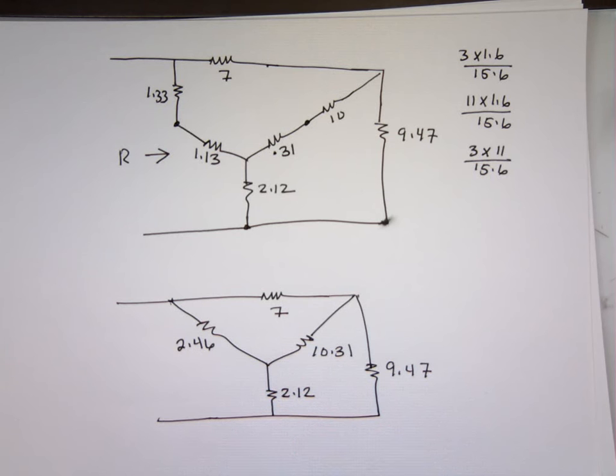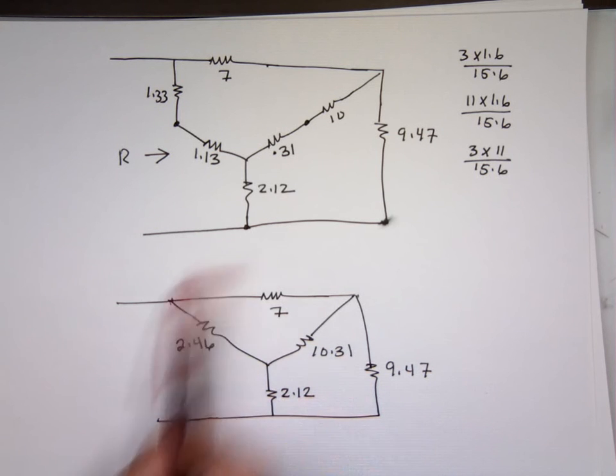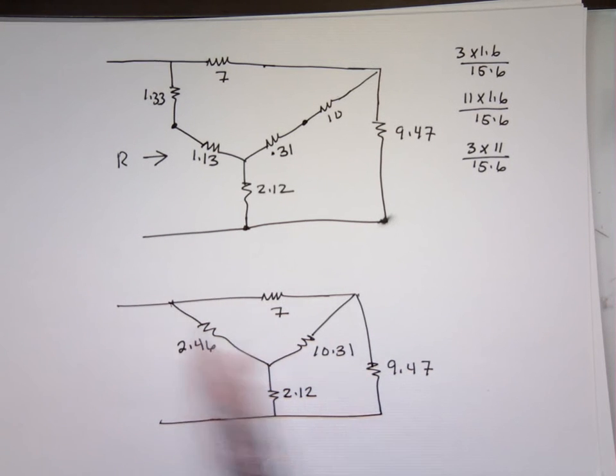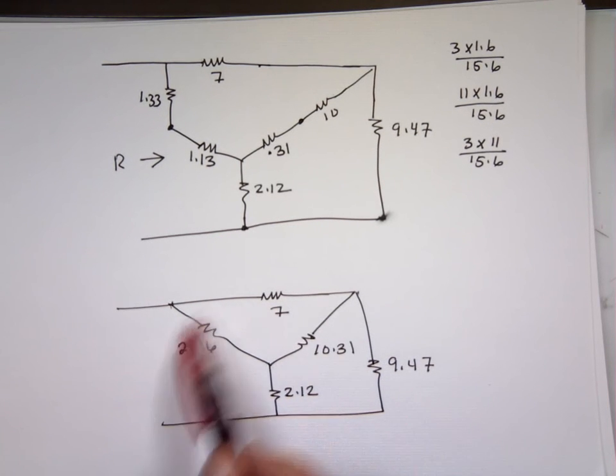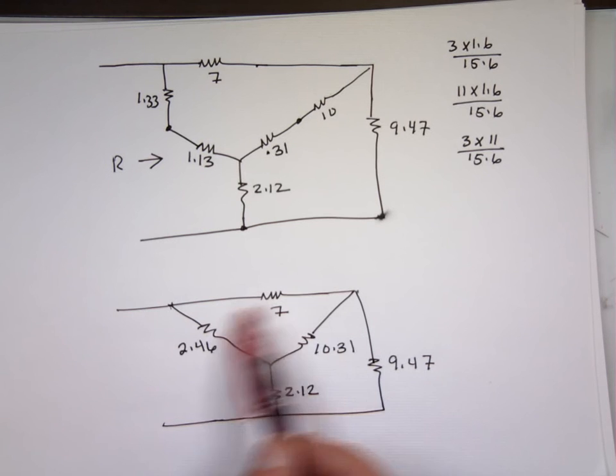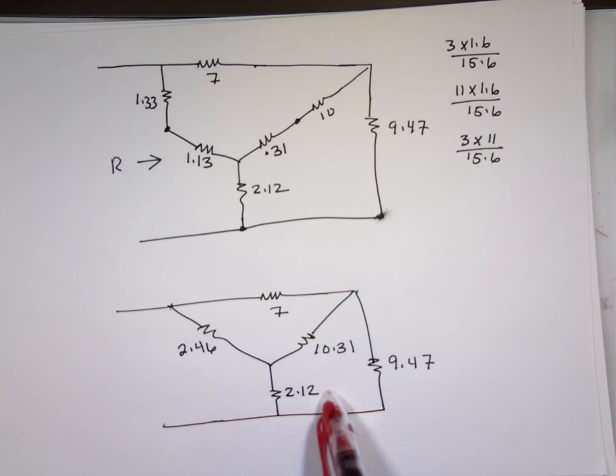Notice again, there's another delta here, see it? Or I can take this Y here and make it a delta. Maybe I'll do Y to delta here, just to be different. So maybe I'll do that.